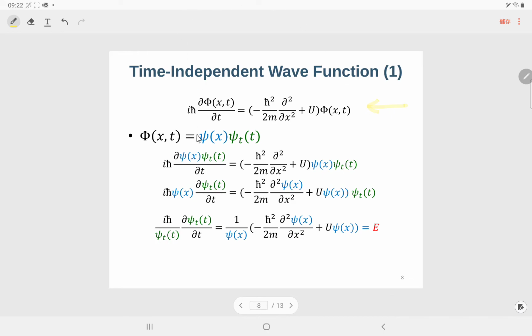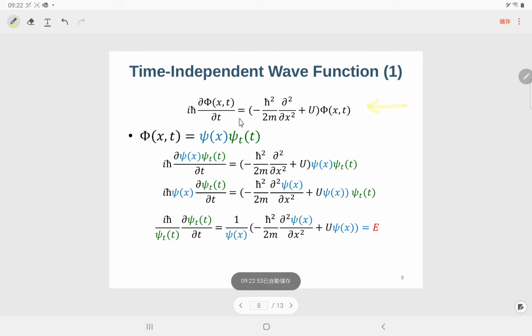Actually, what we need to do is somewhat like what we do in chapter 33. We assume the wave function is separable. So it can be separated into a function of x and another function of t. So we can substitute. This is called the time-independent wave function.